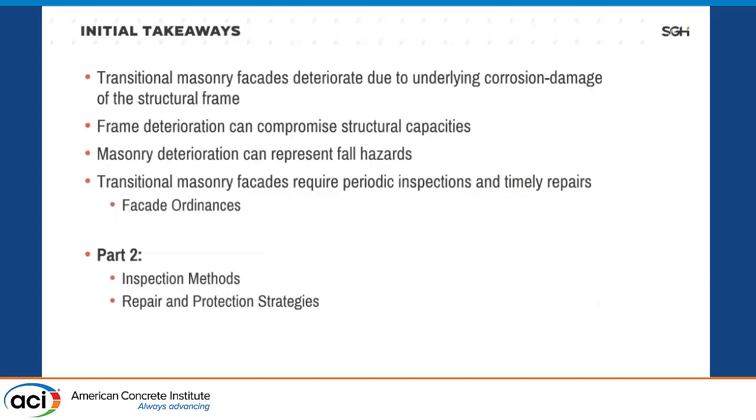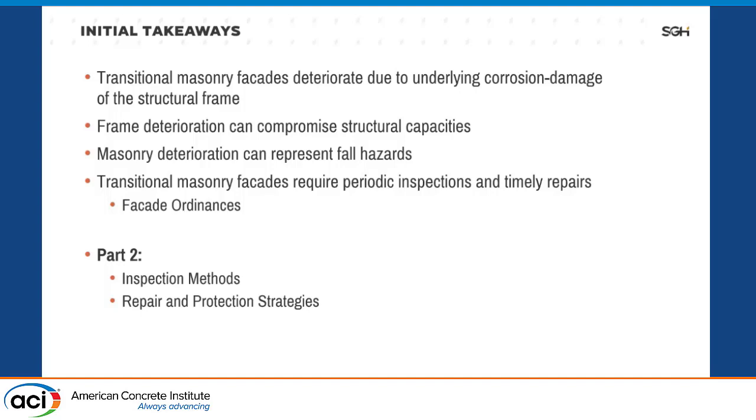So this is the end of part one. As I said, the purpose of this section was to provide background on the deterioration of traditional masonry facades. In the second part, this afternoon, Greg Cohen is going to be presenting about the inspection methods and the repair and protection strategies for these kinds of facades.